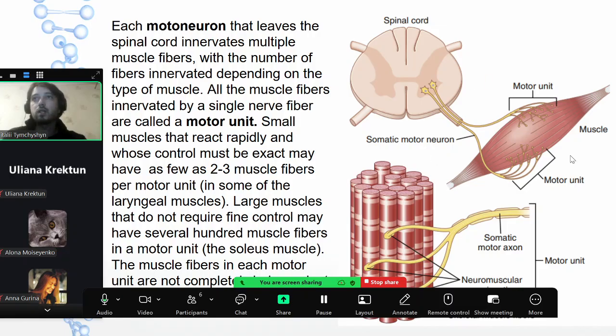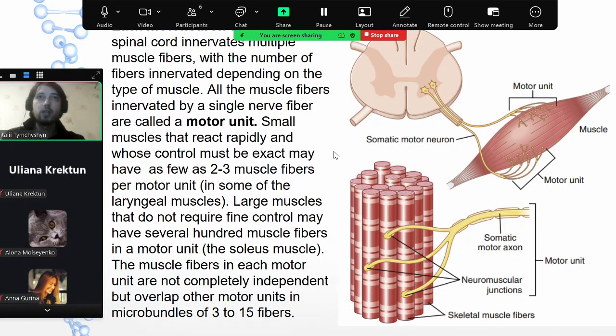But neurons can act on muscles. Each motor neuron that leaves the spinal cord innervates multiple muscle fibers, and the number of fibers innervated depends on the type of muscle. All the muscle fibers innervated by a single nerve fiber are called a motor unit.